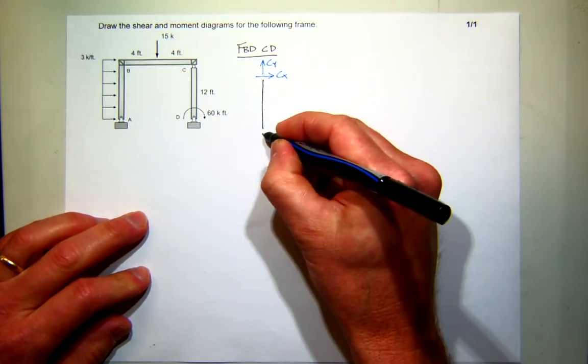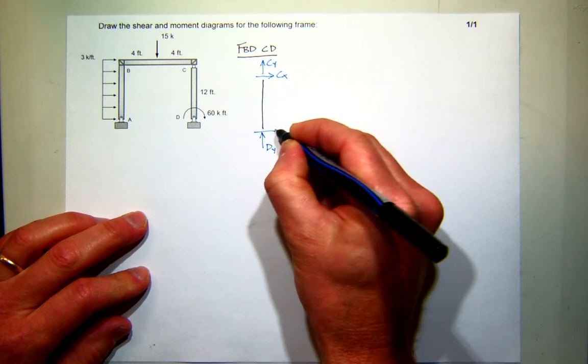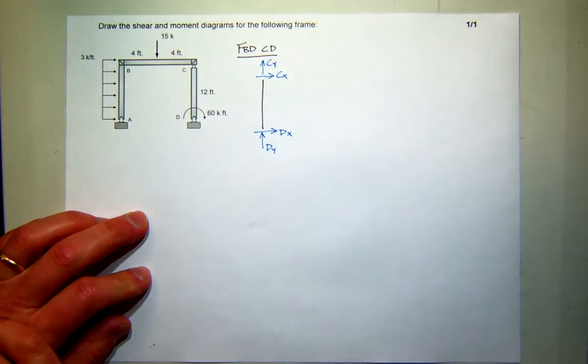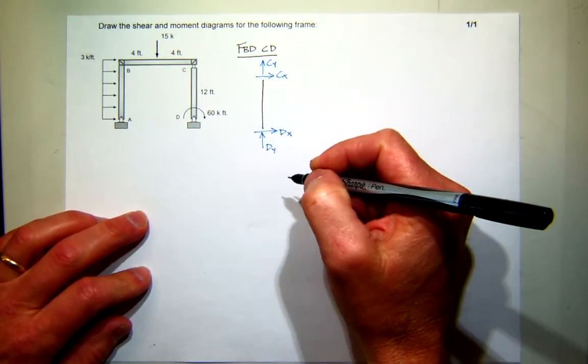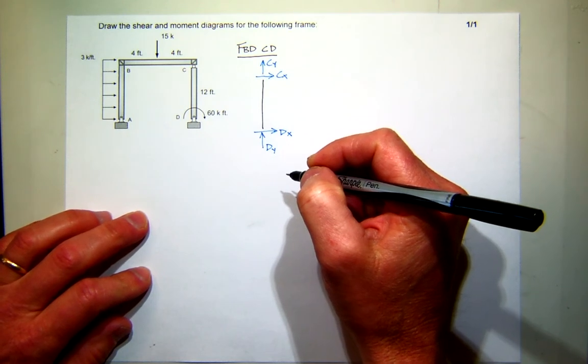Then down here at D, I'll have reactions DY and DX. And one thing you can see about this is how many unknowns do I have? 4. And I have how many equations? 3. So I won't be able to solve for them all. I'll have to come back and do some other things.